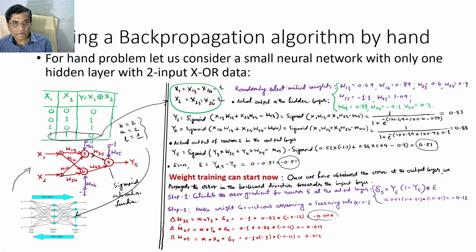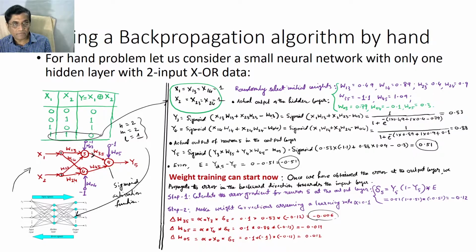Similarly, delta 4, 5. So if this is 3, 5, the way it has contributed, you have compensated, right? 4, 5 are to be compensated accordingly. So this is known, this is the input to this neuron. This is the input, which is actually Y4.